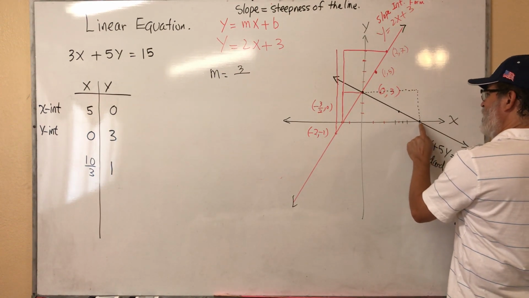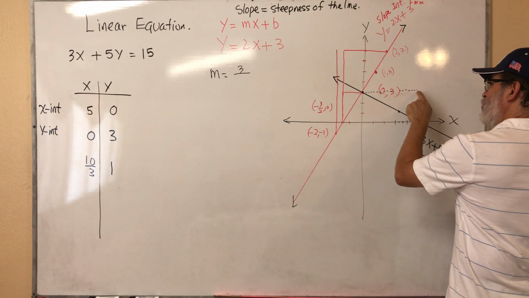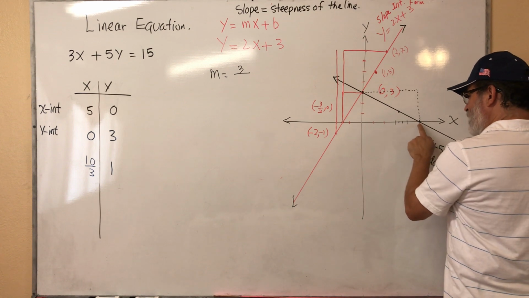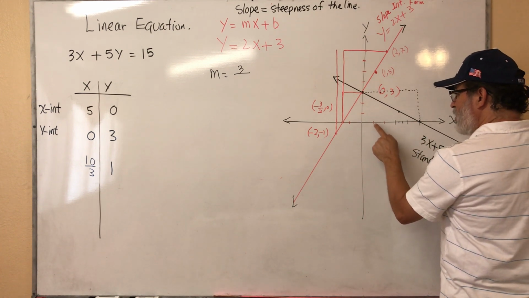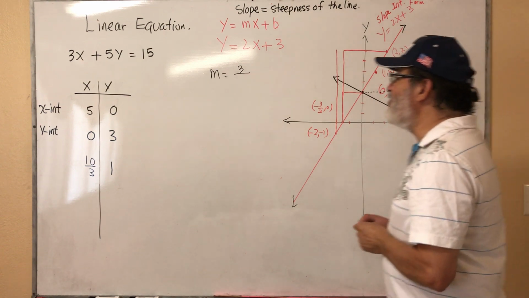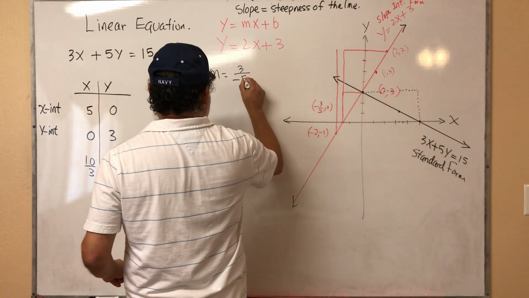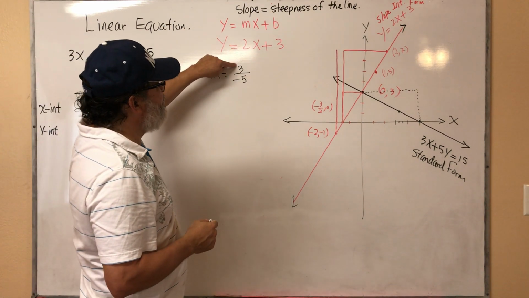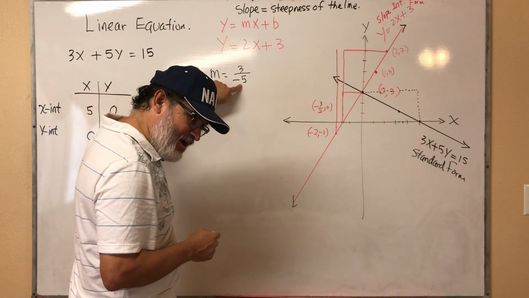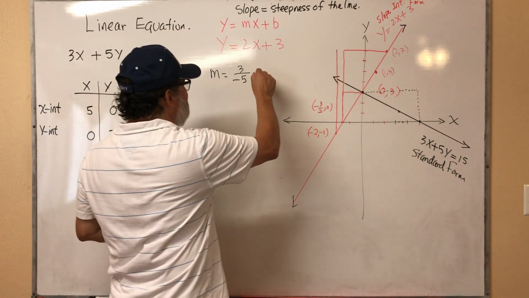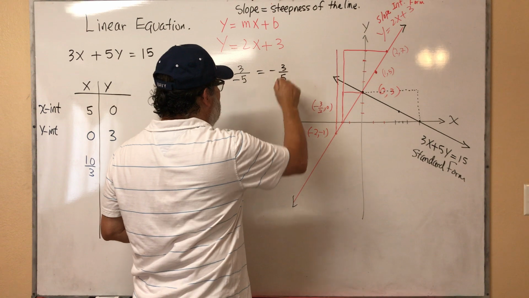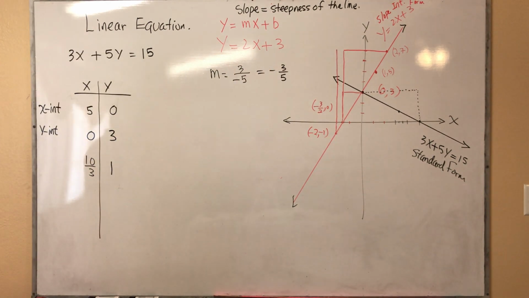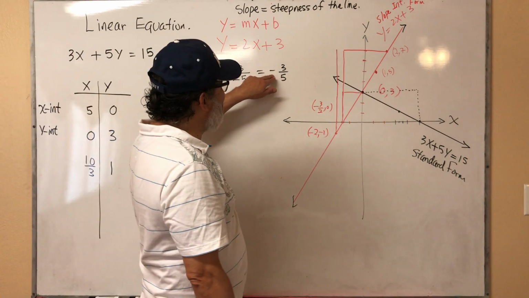Note the rise is 3 up, so it's positive, but the run is going to the left, so that's negative. 1, 2, 3, 4, 5, so -5. What's a positive divided by a negative? -3/5. That's the slope.